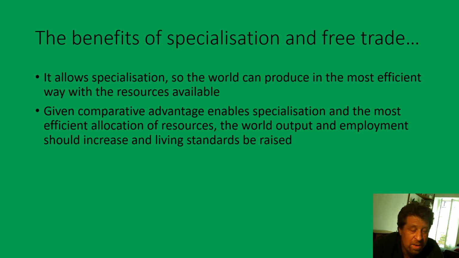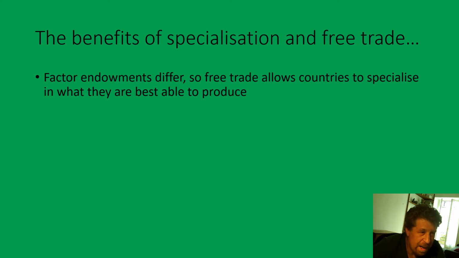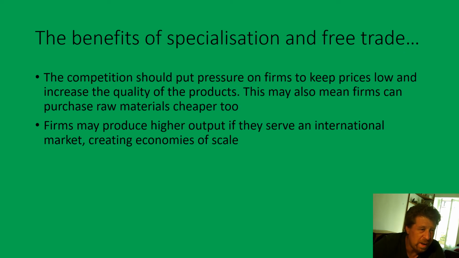So the supply will mean prices come down and goods and services are more available, etc. Okay. Now, the factor endowments are different, so it means countries can specialise in what they're best able to produce. So we've said that really.